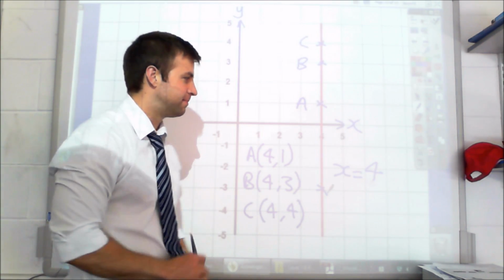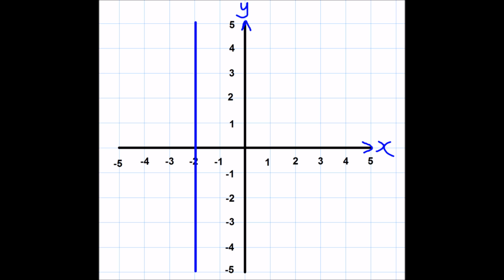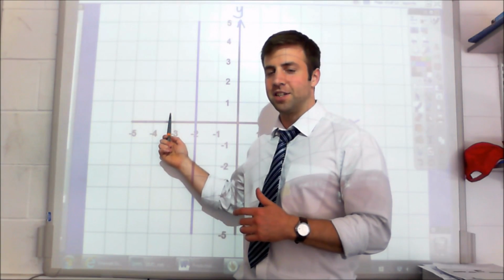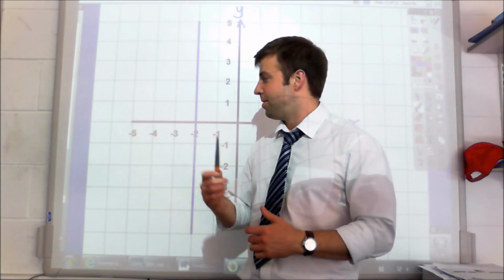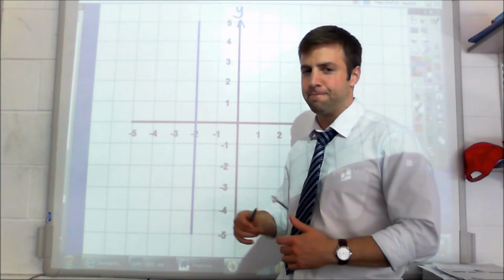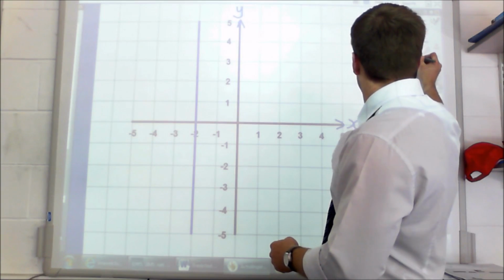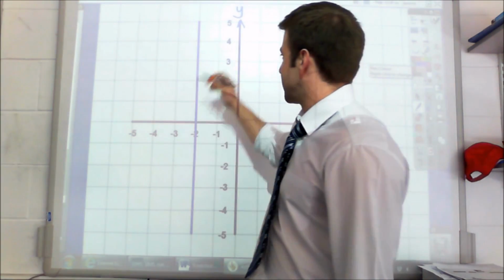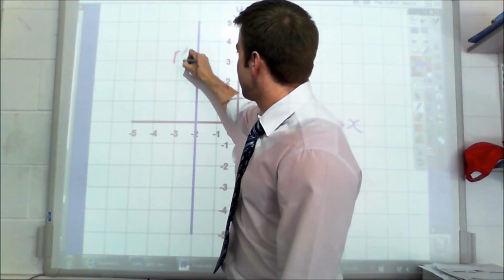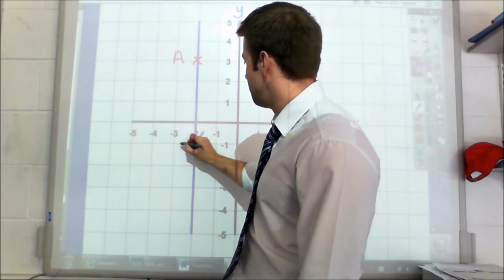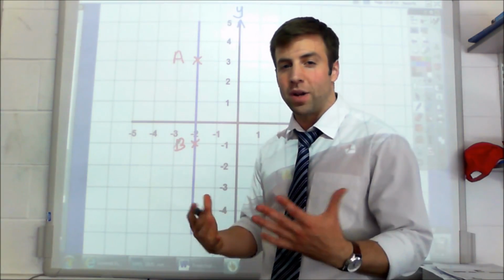Now let's choose another one. So let's clear this. We've got another graph on our axes now. You might have an idea of what the equation of this graph might be, but let's follow the same steps and make sure. I'm going to pick two points again, point A and point B. And let's have a quick look at the coordinates.